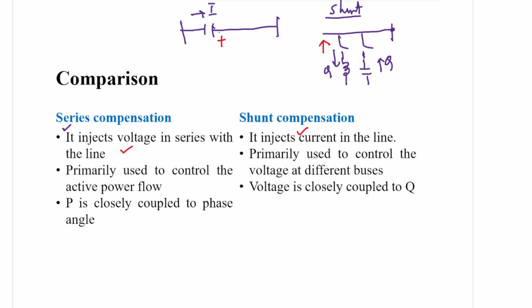So this is the primary difference between series compensation and shunt compensation. Voltage is injected in series with the line for series compensation, and for shunt compensation current is injected into or drawn from the line.